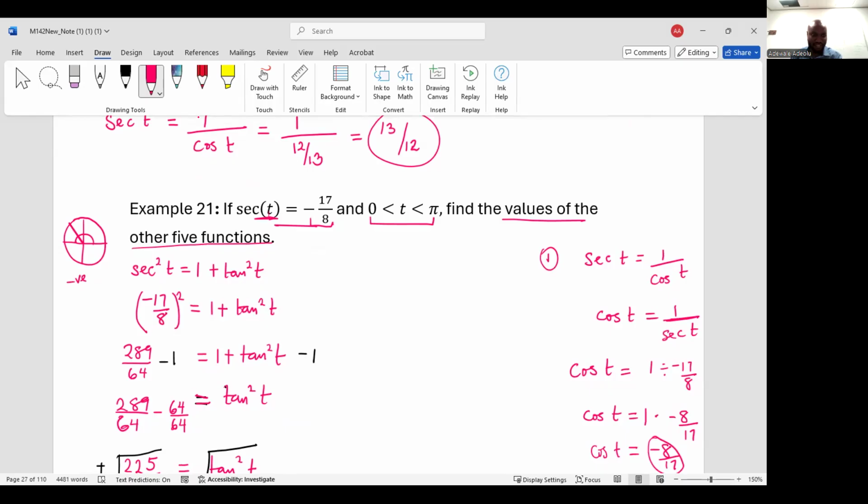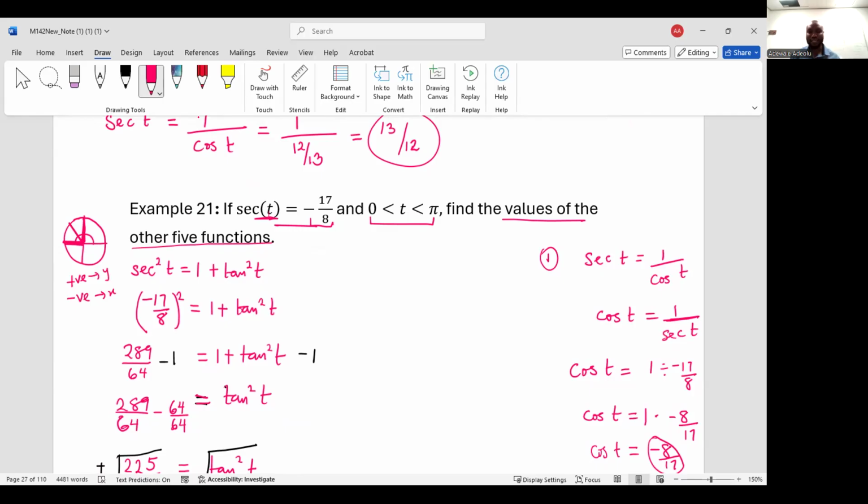Cosine is what? Sine is y, so it is positive, and cosine is negative. So this is y, this is x. X is negative here, y is positive here.